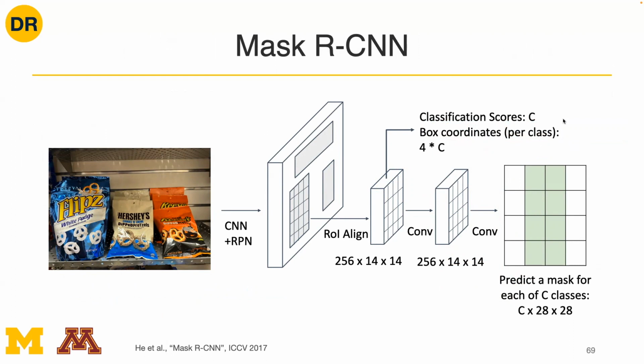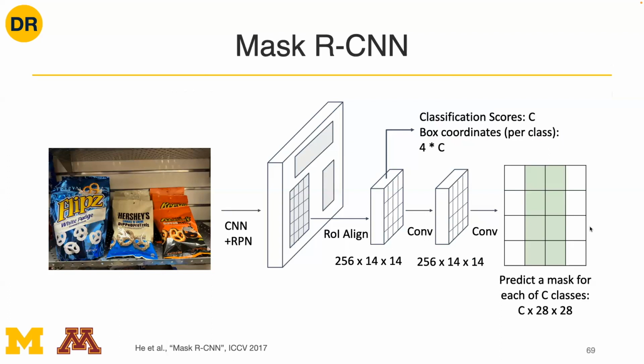Mask RCNN still does those, so we still have those losses, but in addition, it takes this feature map for the region of interest, passes it through some small convolutional neural network, and outputs a binary mask, which is 1 channel per class.